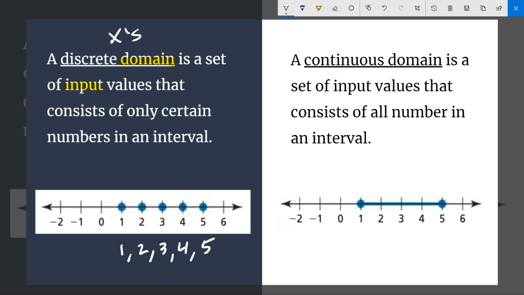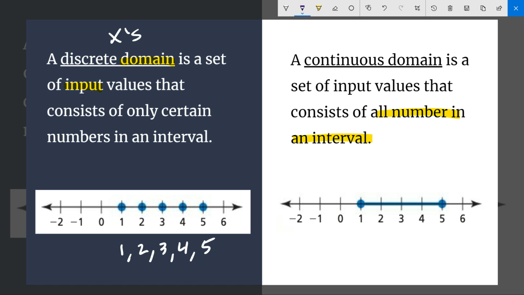The difference in this continuous domain on the right is that you have all of the numbers in an interval. So this interval from starting at 1 up until 5, every single number is plotted on this number line because we have a solid line from one end to the other.